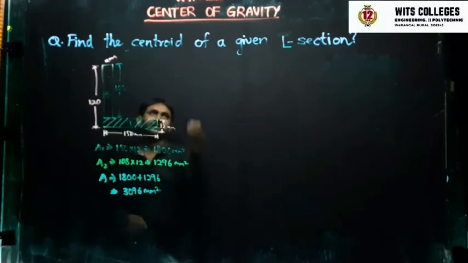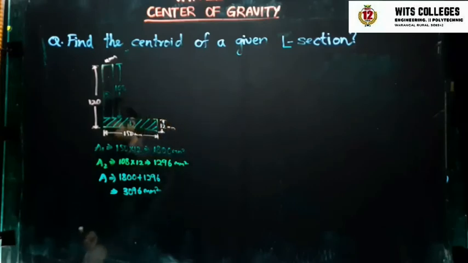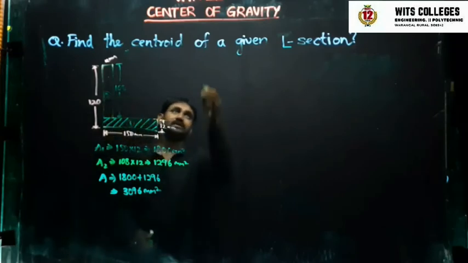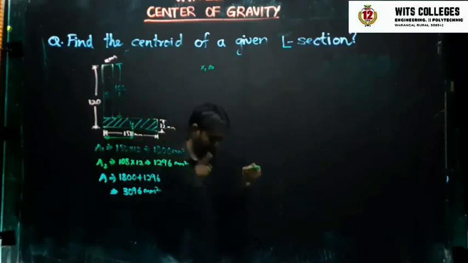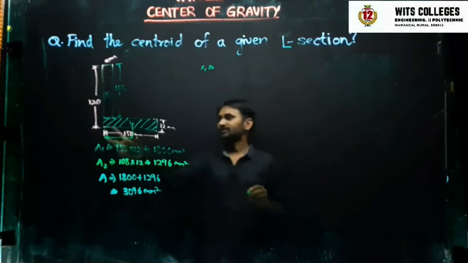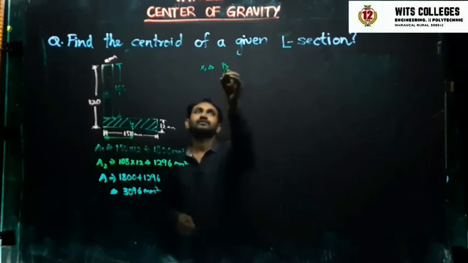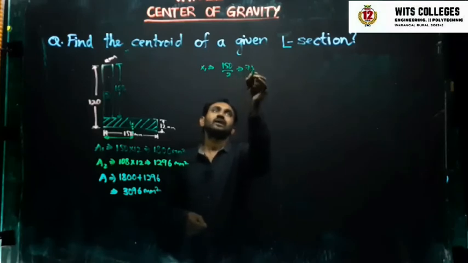Now let me calculate x1 first. x1 is the centroidal distance of figure number 1. The total is 150, and from the 150 you have to take half. So this is 150 by 2, which is equal to 75 mm.